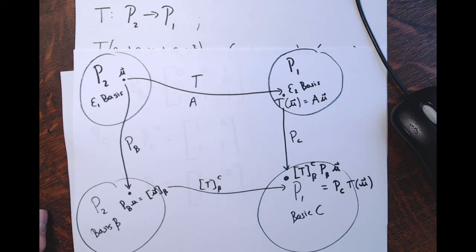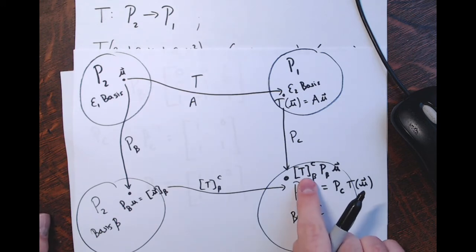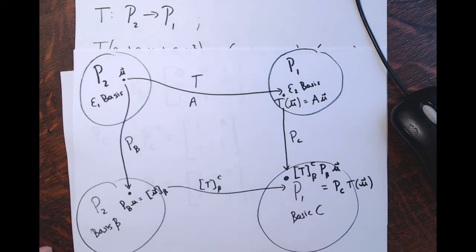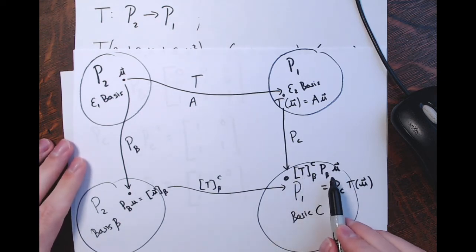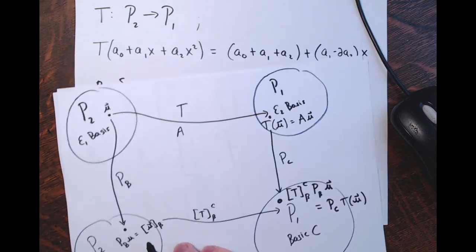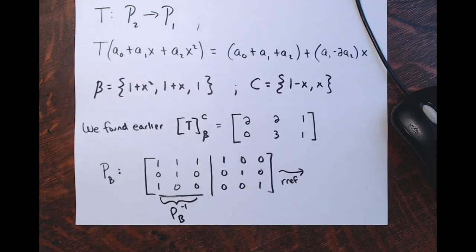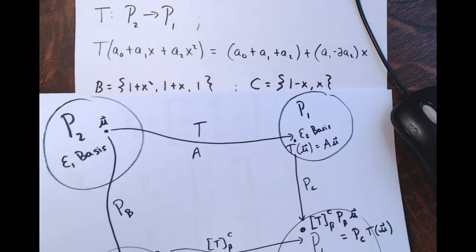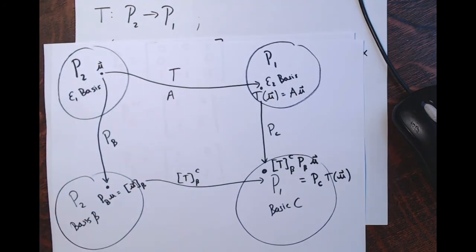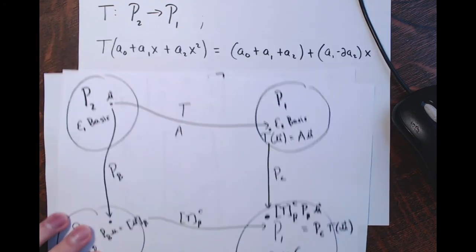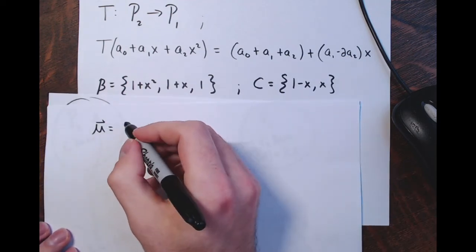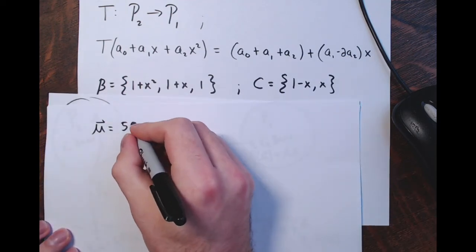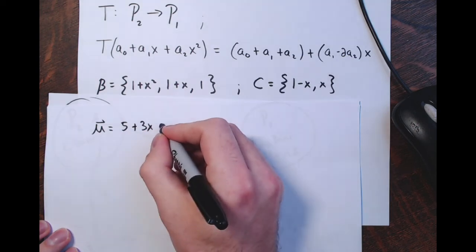So the first part of this problem, they're asking us to find the matrix representation times PB times U, where U is this polynomial. They're telling us U is 5 plus 3x minus 4x squared.